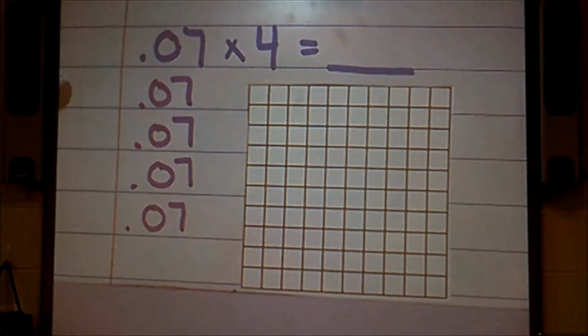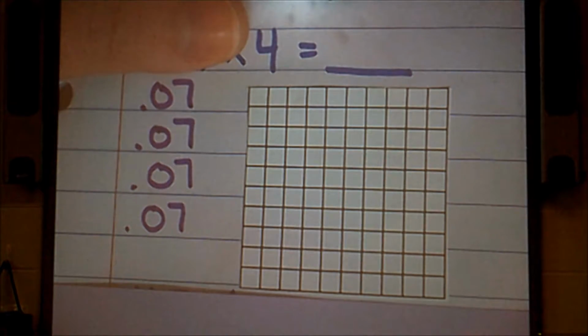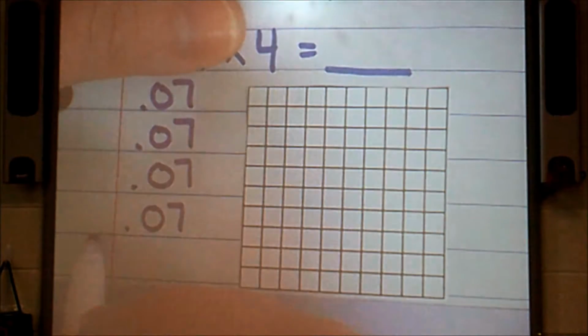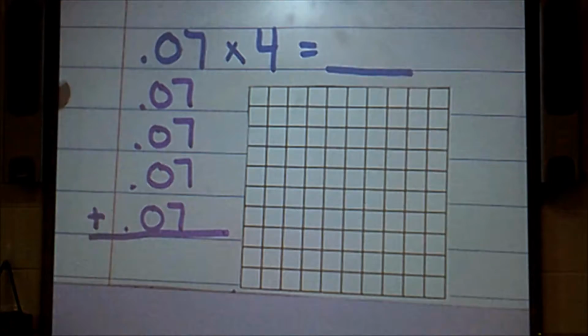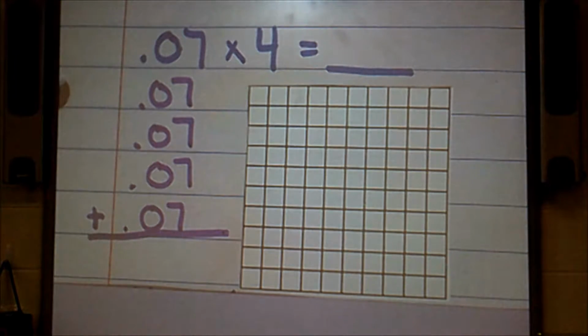I have 7/100 written 4 times. So I could add those up and easily get my sum, which will be the same as my product. But I'm going to do this with my hundredths chart here to show a picture representation.